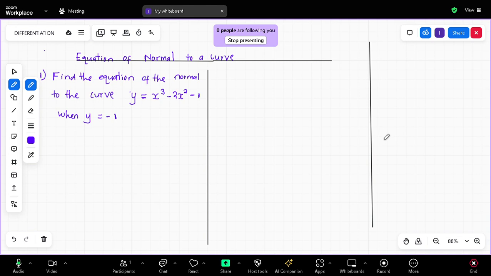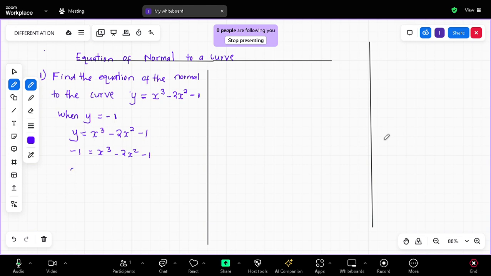The equation is y equals x cubed minus 2x squared minus 1. We substitute y with -1, so it becomes -1 equals x cubed minus 2x squared minus 1. When this -1 goes across the equal sign, it becomes 0.